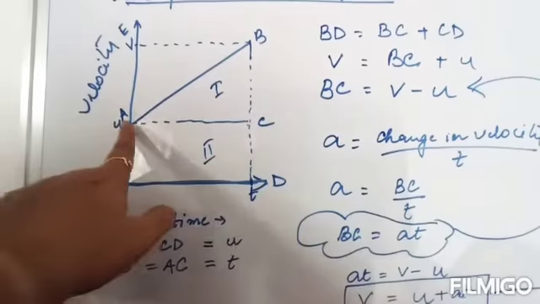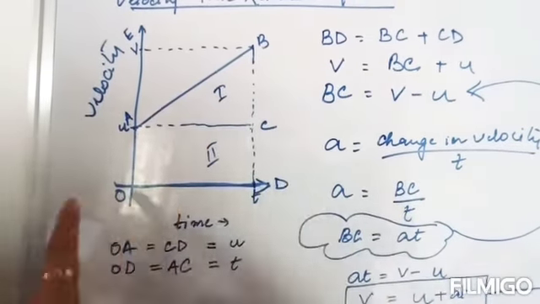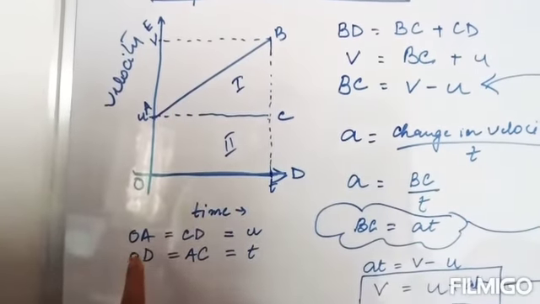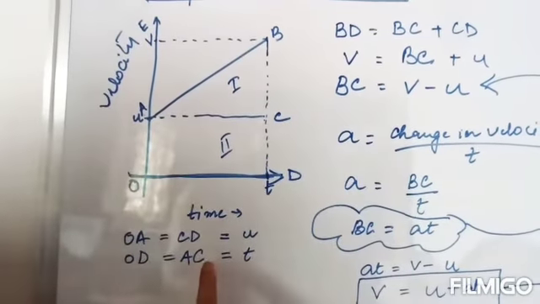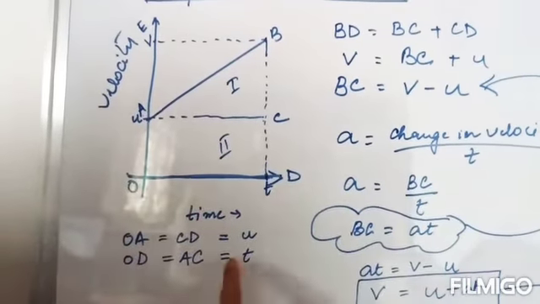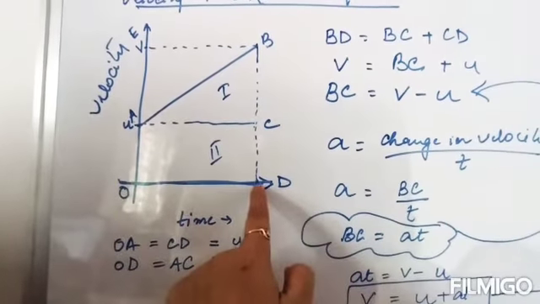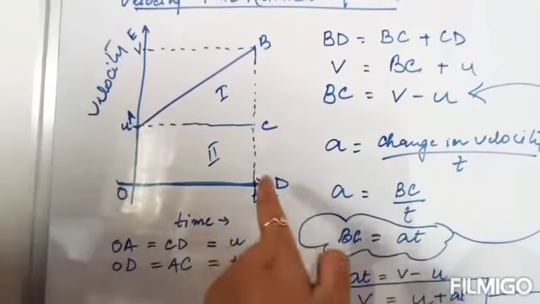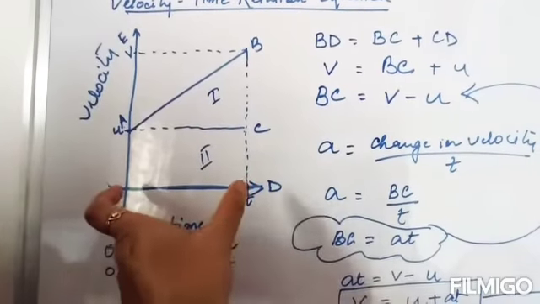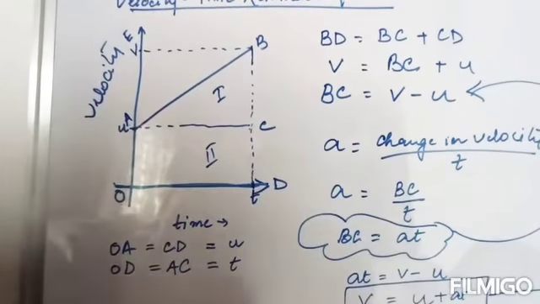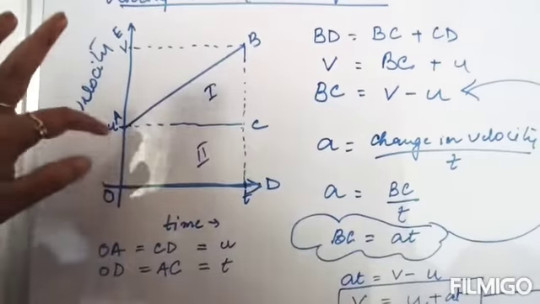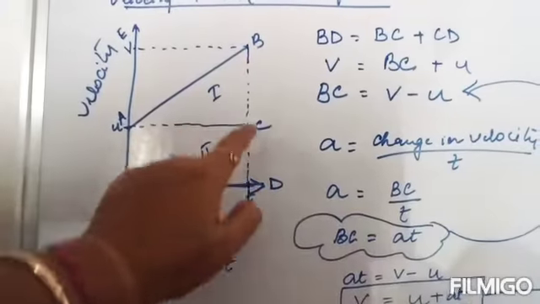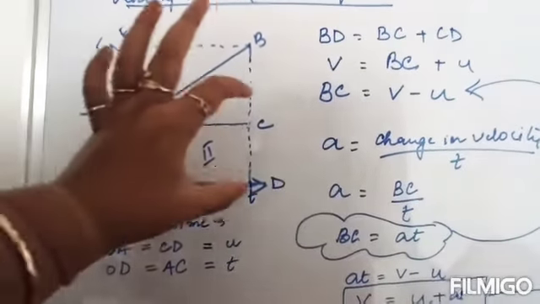So length means this portion, AC, and AC is equal to OD. The magnitude of it will be T, as from here to here, if it is the 0th position, the unit covered will be T. And for the breadth, OA and CD will have the same magnitude.